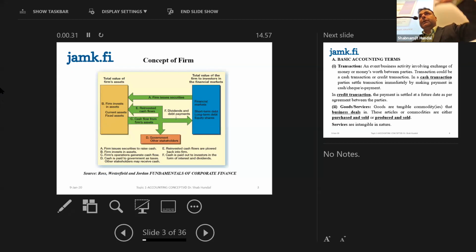If I have a long-term horizon, then whatever profits I'm left with, I will not give you all. I will give you some part, but I will also keep some so that when the company is growing and the needs are growing, I would be able to reinvest. So that is the part E, reinvested cash flows are flowed back into the firm.